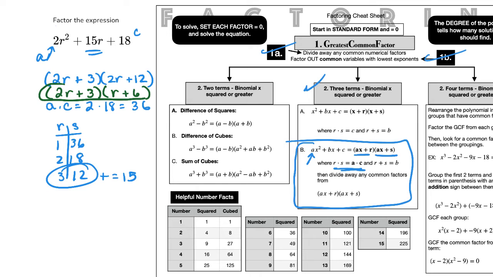And so here's the one I want. Everybody in the second binomial here was divisible by 2, so you have to do that. See, now that's correct factorization. You'd see 2r times r, when you distribute, is 2r squared. 3 times 6, when you distribute, is the 18. And this product, 12r, and this product, 3r, add up to the 15 in the middle. And so we've got it factored there in green.